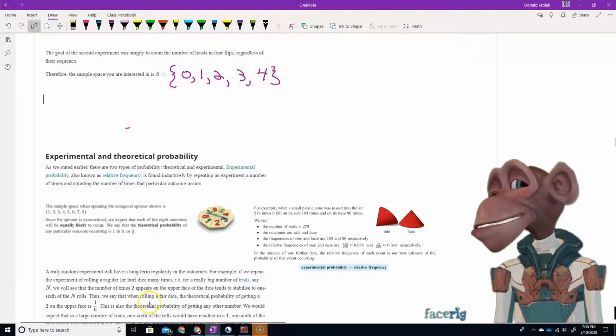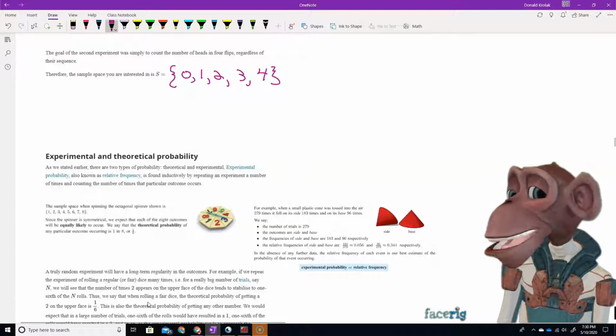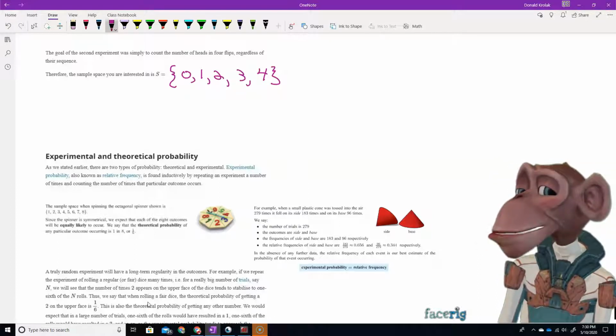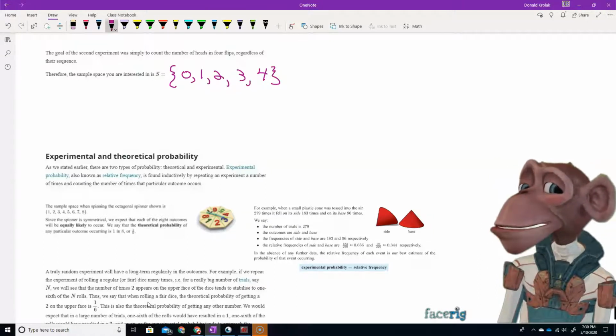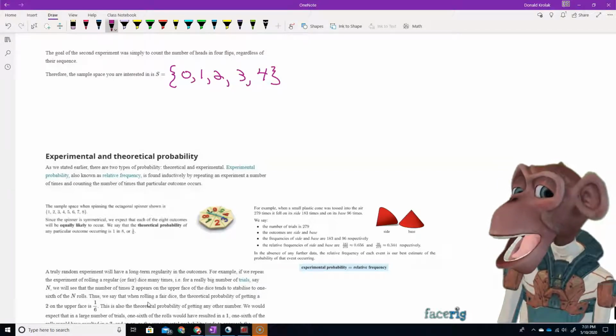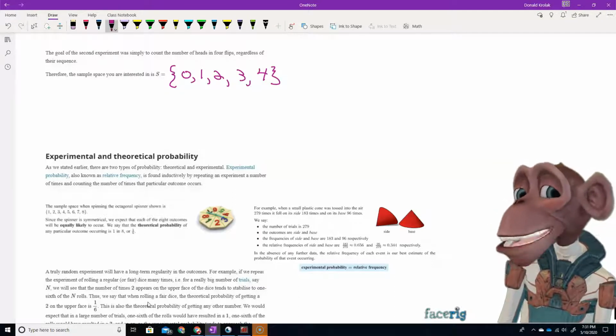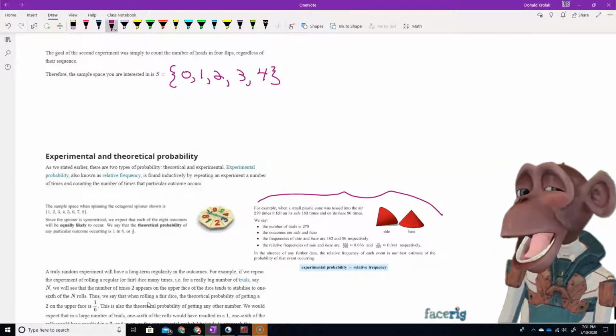Theoretical versus experimental probability. Experimental probability just means you're doing trials, and then you're taking the number of trials of what you were looking for over the number of trials that you did. So here's an example of experimental probability.